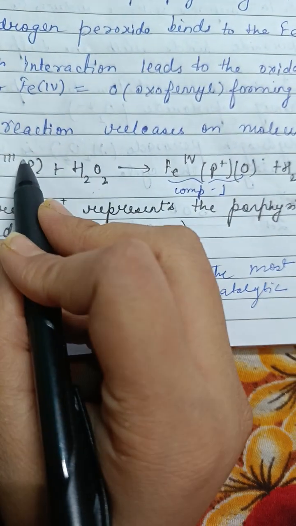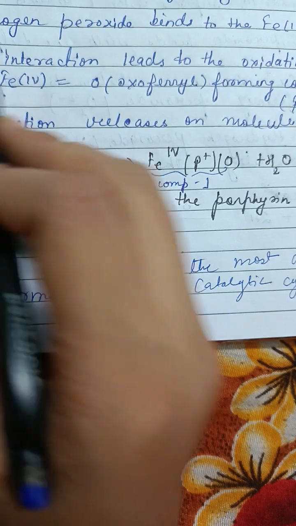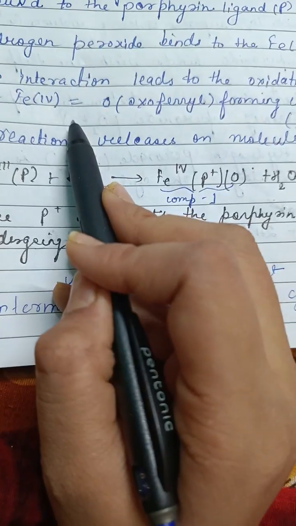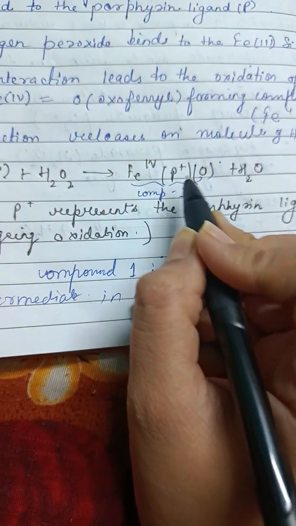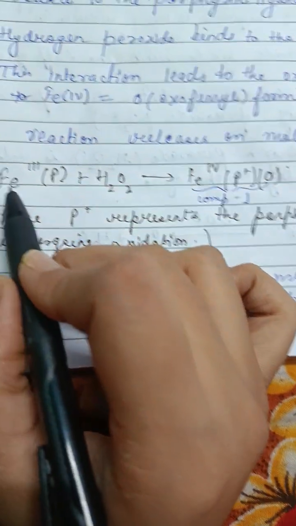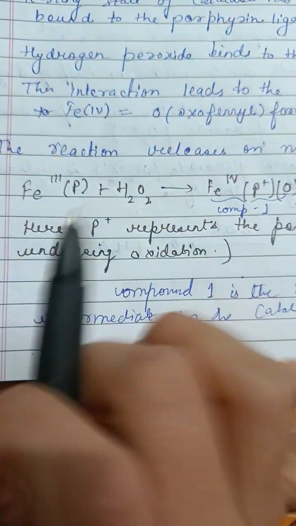This is Fe3+ plus H2O2. The interaction leads to the oxidation of Fe3+ to Fe4+=O, where P+ represents the porphyrin ligand undergoing oxidation. This is the reactant side, and we do not have any oxidation here.